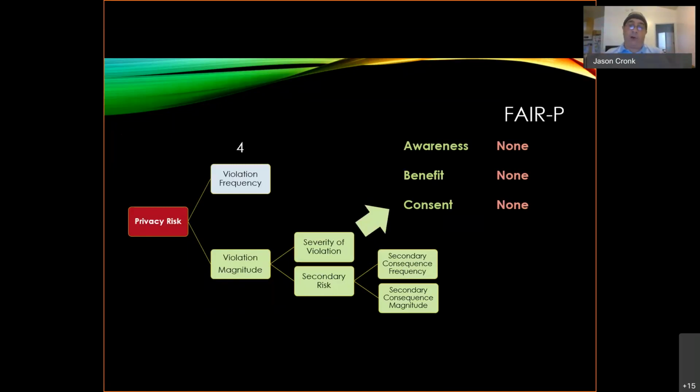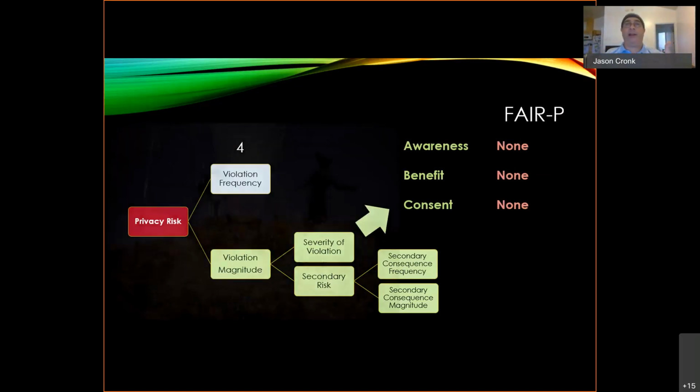One is bad for Dorothy and her compatriots, one is good. So then the risk would lie somewhere in the middle. But at least if we're only focused, and this is why it's important to scope your privacy risk model, if we're only focused on the Wicked Witch of the West, then the severity is pretty much at the maximum. No awareness, no benefit, and no consent.